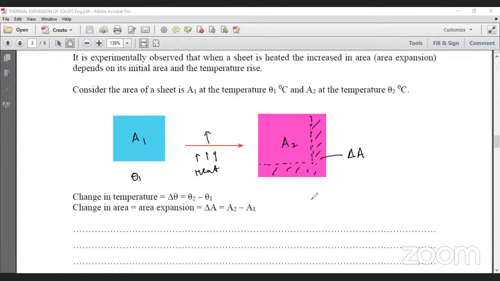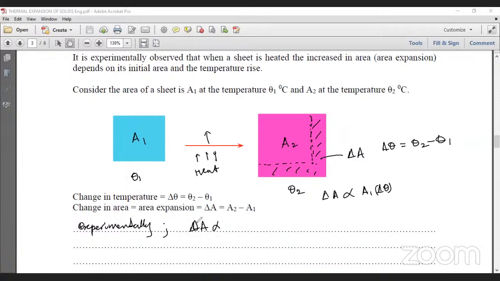Experimentally we can say that the increase in area is proportional to the initial area and the temperature change. The temperature change is theta 2 minus theta 1, where theta 2 is the final temperature. You can write this experimentally as delta A proportional to A1 delta theta.